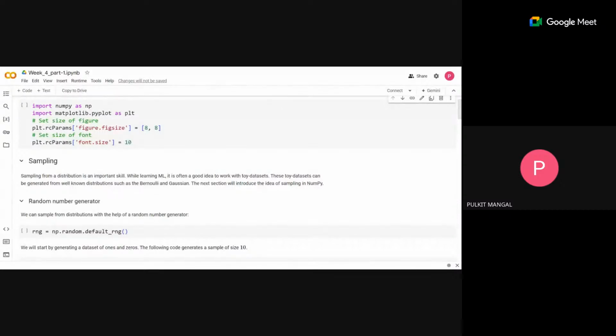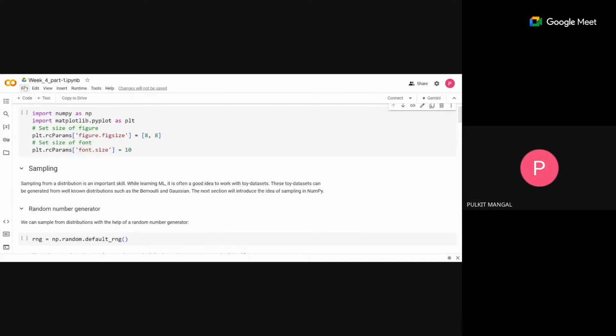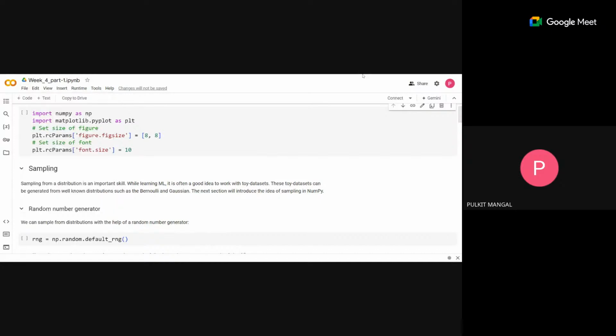I hope you can work along with me side by side. First of all, you need to go to this File tab and click on Save a copy in Drive. While clicking on this, it will create a copy in your drive. Start editing on that copy. Don't start on this one, otherwise the changes that you make will not get saved.